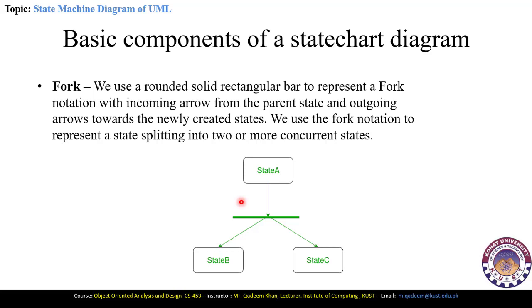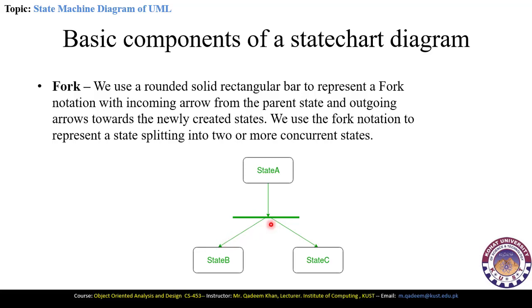Another important component of a state chart or state machine diagram is called the fork. The fork is used when we have a certain transition which is triggered in the form of a branch or branches. If there are multiple states, then there will be more than two branches. If there are two states, then there will be two substates or arrow lines.